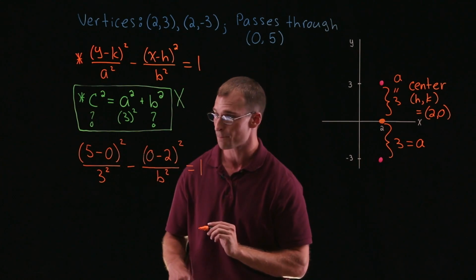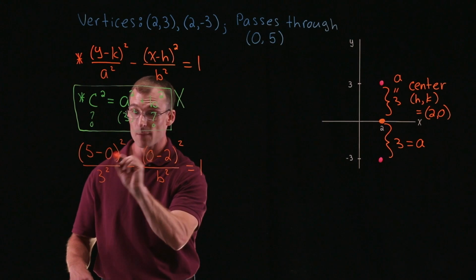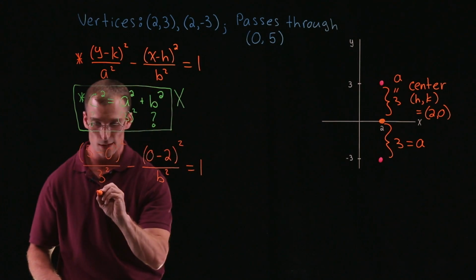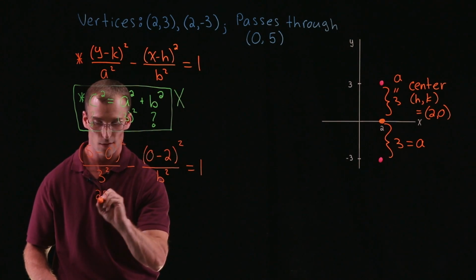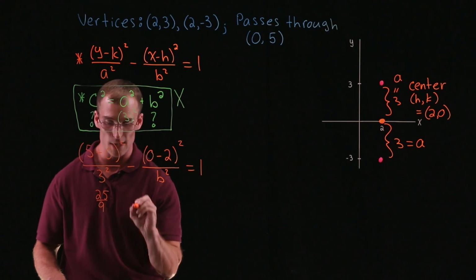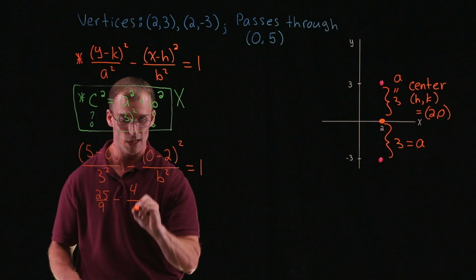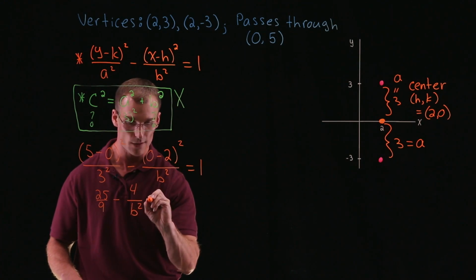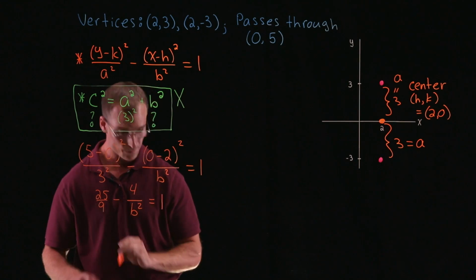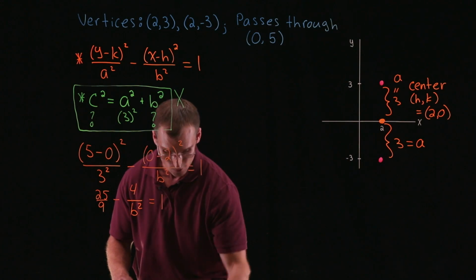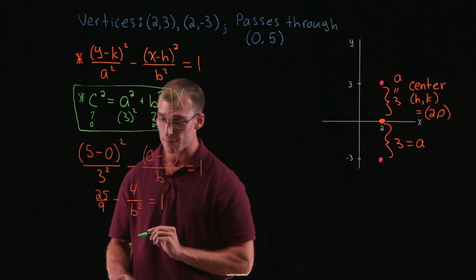So let's go ahead and do that. We have 5 minus 0 squared over 3 squared. That's going to give us 25 over 9, minus -2 squared, which is positive 4, over b squared, and that's equal to 1. So now we're just going to do some algebra and solve for b.